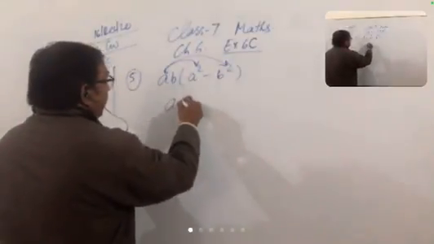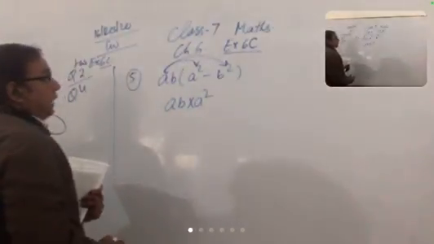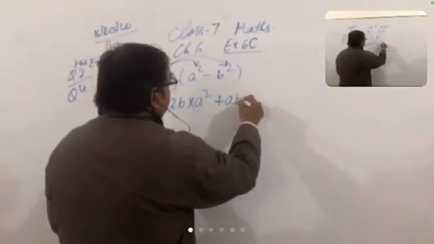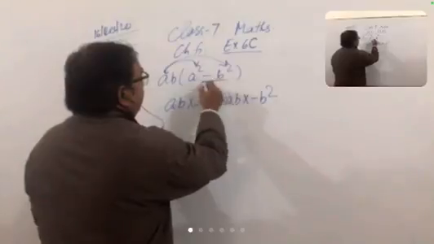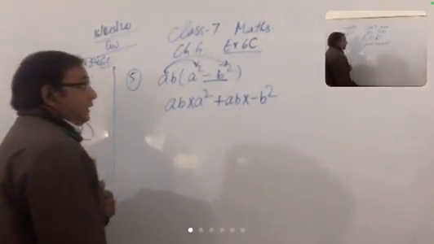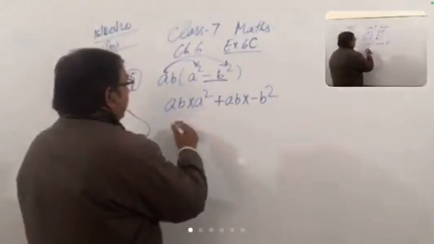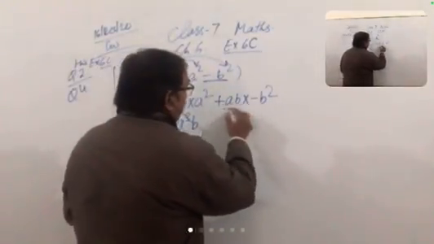So it will be ab times a square, and then plus ab multiplied by minus b square. You have to write down the variable with the sign, minus b square. So it will be a cube b, and what is the product of this?